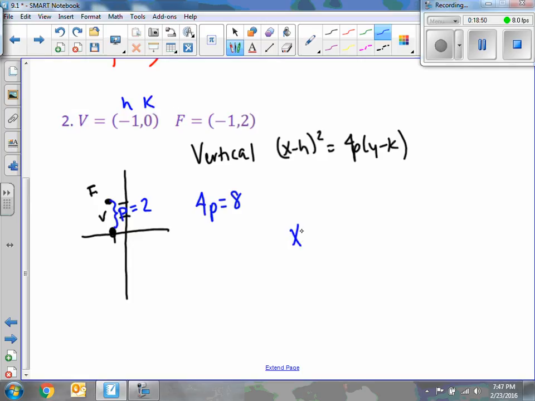I have x minus a -1 becomes x plus 1, and 4p is equal to 8. And then y minus 0 is simply just y. So I have x plus 1 quantity squared equals 8y.